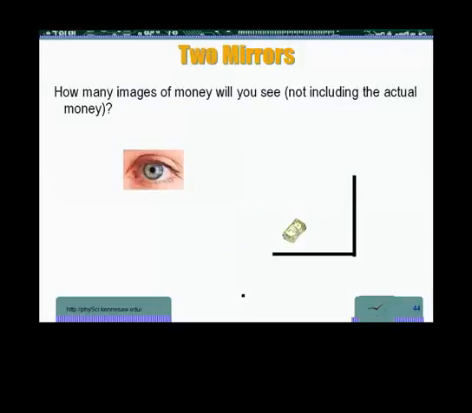Okay, and one last example is what if we have multiple mirrors, like these two mirrors that are perpendicular to each other? How many images are we going to be able to observe? Okay, now the simple thing, you would think here is the object, so I should have, like we talked about, the straight line.